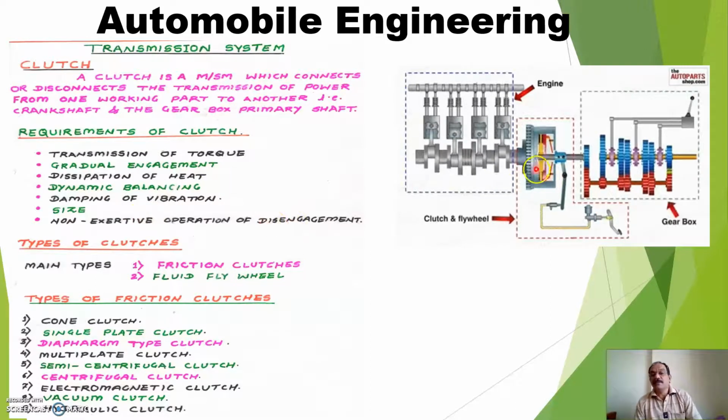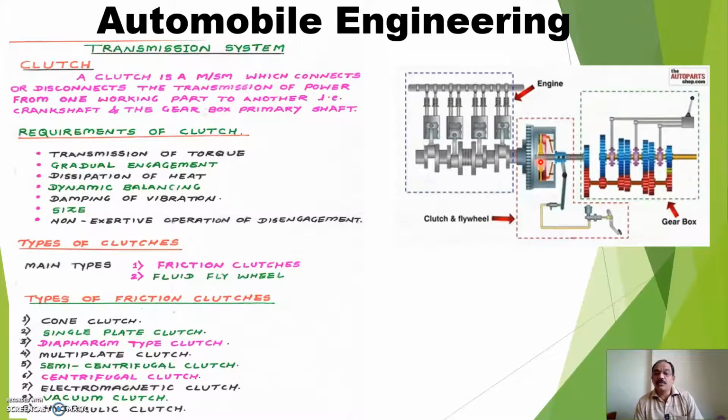Size of the clutch: the size should not be too big, so that it cannot be accommodated in the engine. The size of the clutch also plays a very important role, because as the size of the clutch increases, the area of friction increases and it may transmit more power.